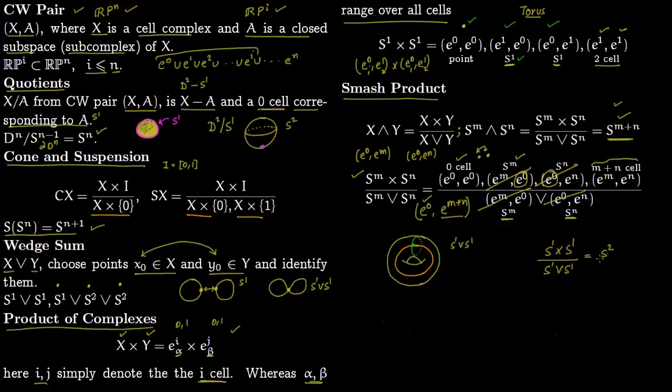Now S1 wedge S1 is nothing but this orange circle and this green circle. This is S1 wedge S1. So let us do this step by step. We are going to collapse both of them to a point. So let us collapse this first, and then we will collapse this. That is, let us collapse the green circle first.